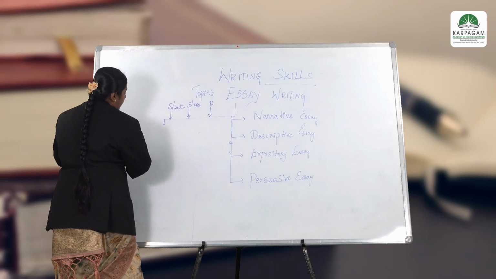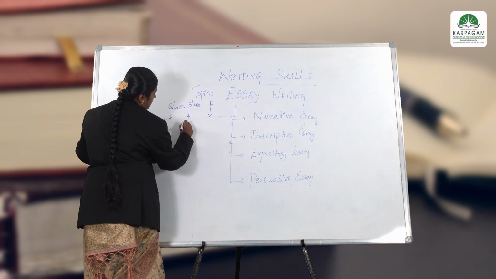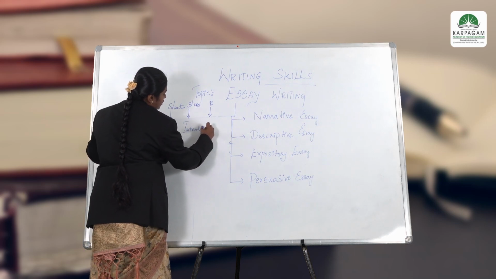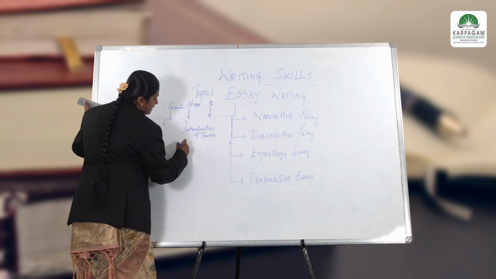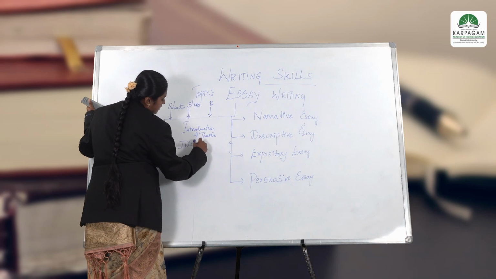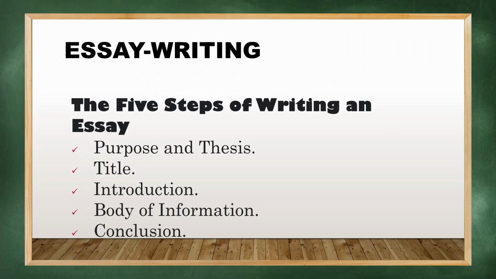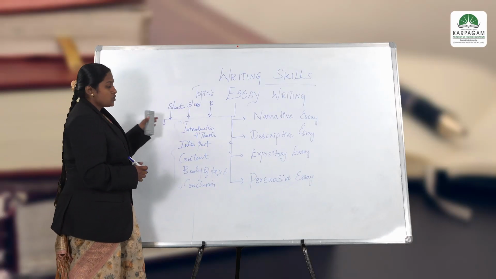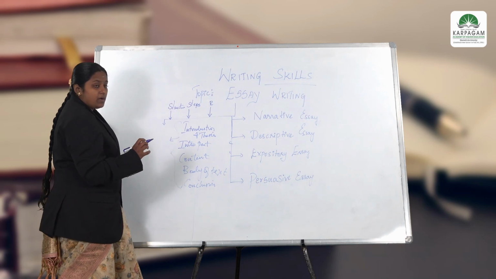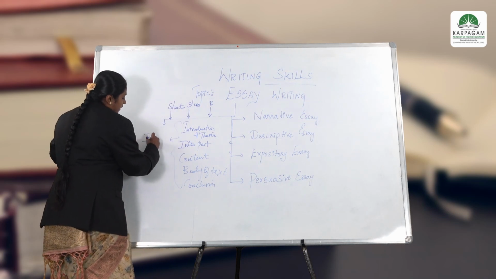The steps are introduction, that is title, introduction and thesis, and then the intro part, content, body of the text, and conclusion. So 5 parts are maintained in these steps. First, the introduction is introducing the title.